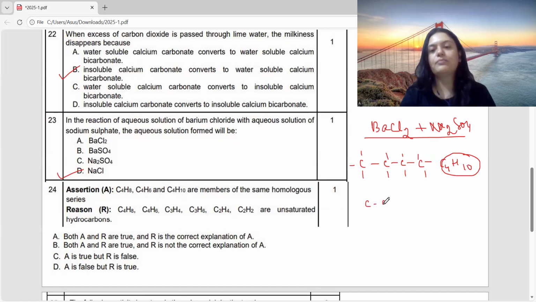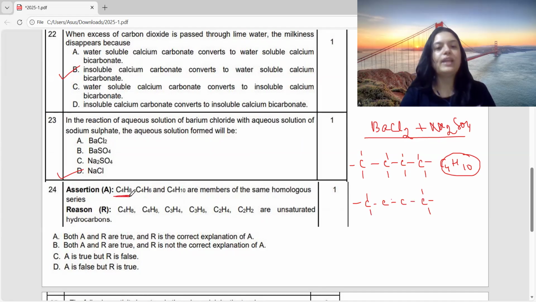If I take C4H6, definitely there is a triple bond, right? Otherwise we cannot have this kind of configuration with single bonds, right?